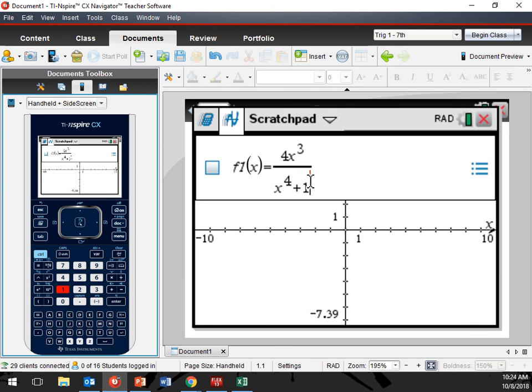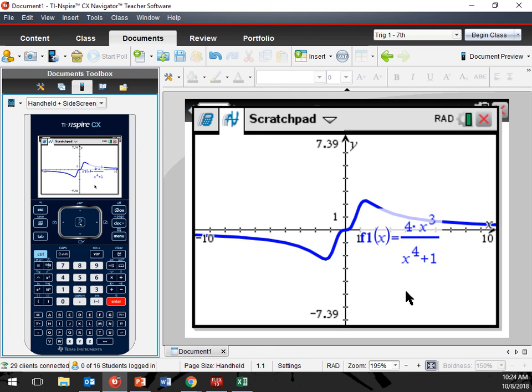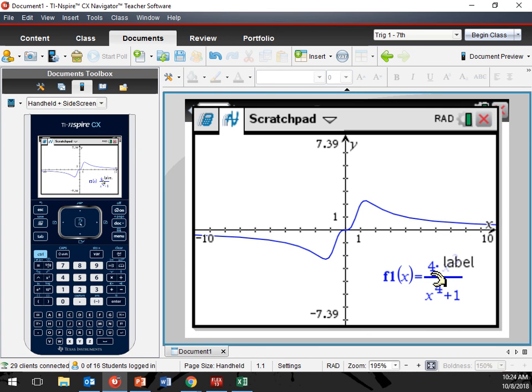When you enter this, make sure you don't put your x to the 4th plus 1 in the power. You have to arrow over first before you can do that. So it looks like this.